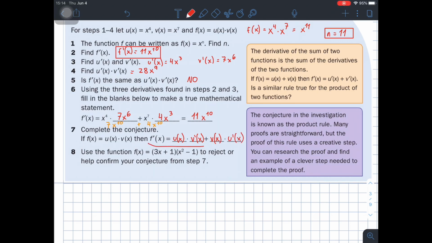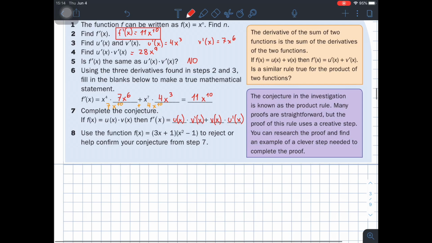So basically, this is the rule to find the derivative of a product between two functions, okay?